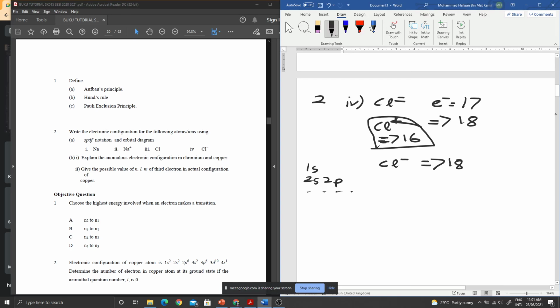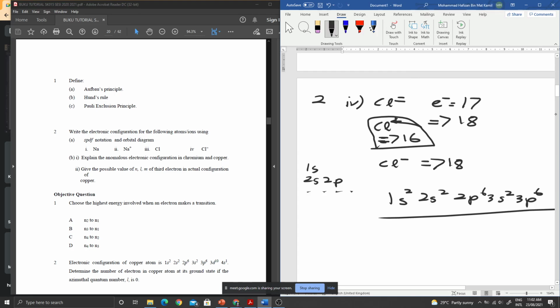Kalau you guys dah remember, so kita ada the first one. So kita isi dulu the first 10 elektron, 1s2, 2s2 and 2p6, right? So kita dah ada 10, now kita ada 8 lagi elektron. Kita ada 3s2, 3p6. So this is the electronic configuration.